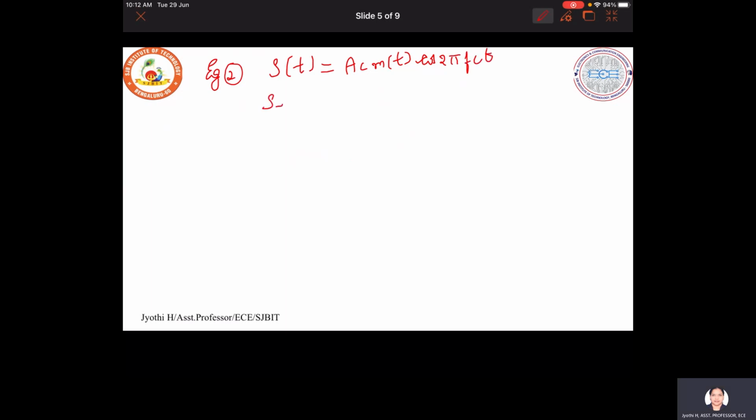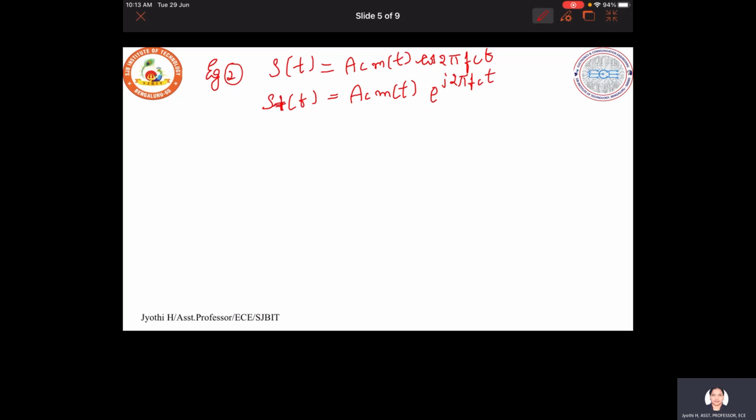So s plus of t is equal to Ac times m of t e to the power of j 2 pi fct. That is going to be the pre-envelope of the signal.